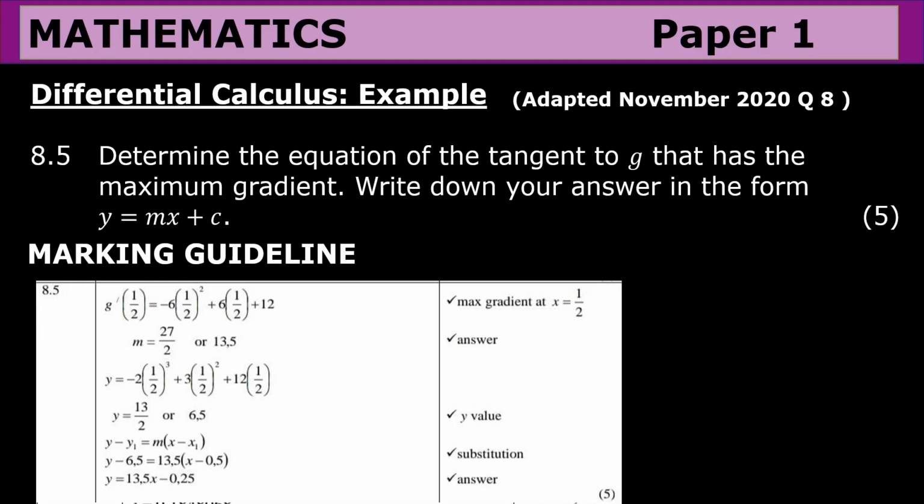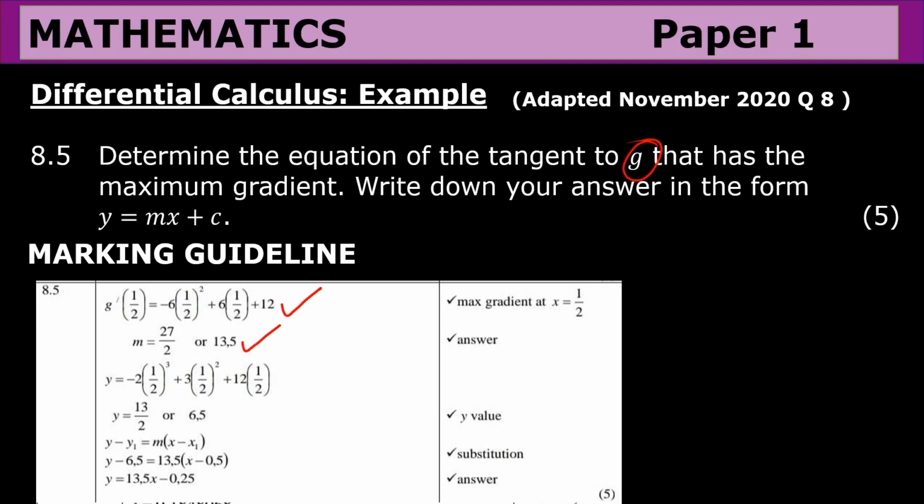Now we are talking about the tangent to g that has the maximum gradient, and when we think about the maximum gradient of g, that of course is the turning point of the parabola, and that was at the point of inflection, which was x is equal to 1/2. So we substitute that 1/2 into the equation of g prime x, and that is going to be 1 mark for that substitution, and then another mark for the actual gradient.